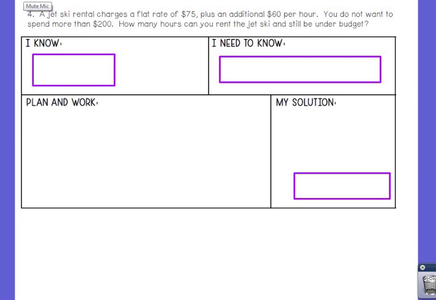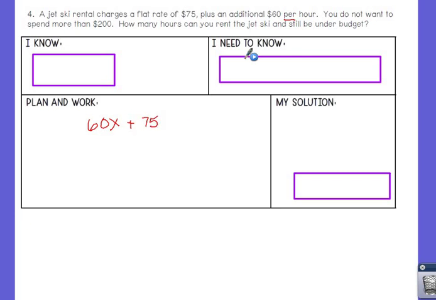Okay, what are some key words that you saw? Per. And what number was by the per? So I know a 60x is involved in my problem. What's something else that triggered to you? Plus 75. They even said plus 75, so I would write plus 75.